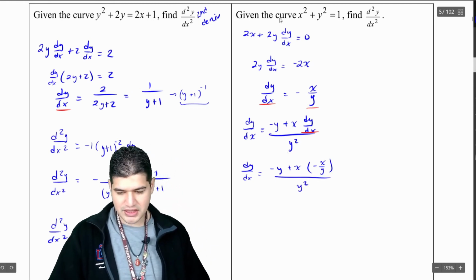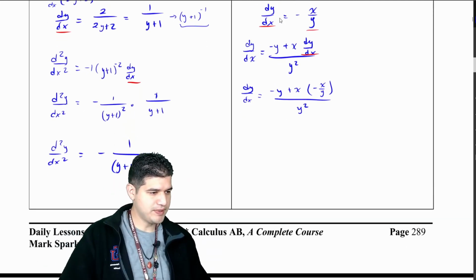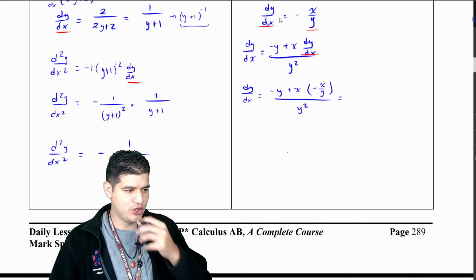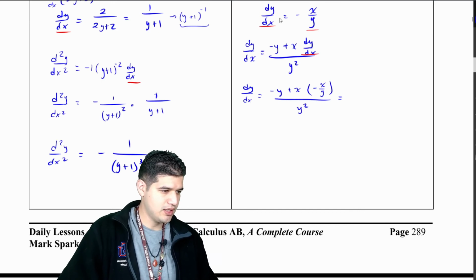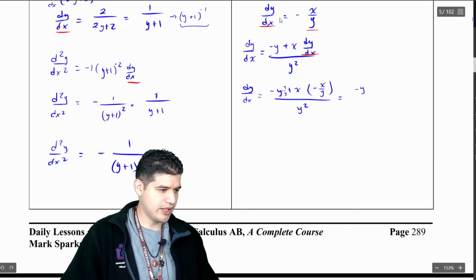We want to really just clean this up a little bit, okay? So then, let me see what I can do here. I want to have one fraction in my numerator, so this is over y, so I'm going to multiply this by y over y, and I'm going to get negative y squared over y. Let's see, where did I get that negative x from?